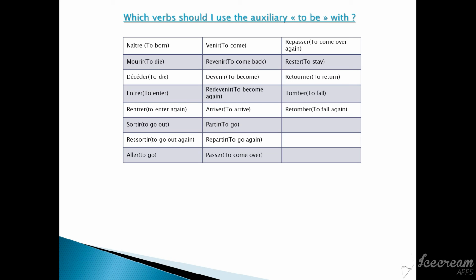For all other verbs, to make the past simple or any other compound tense, you use them with the auxiliary to have.